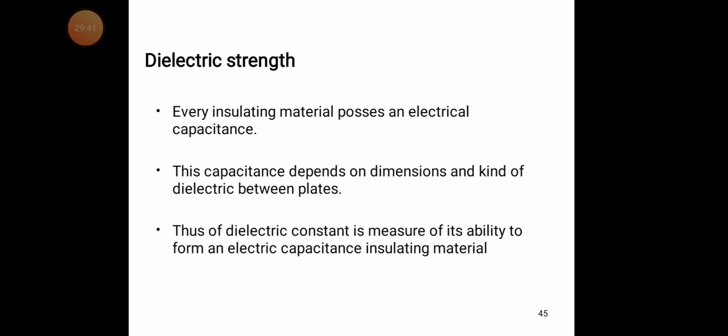The thickness, width and breadth of the plates and the dielectric in between. Thus, the dielectric constant is a measure of its ability to form an electric capacitance in an insulating material.